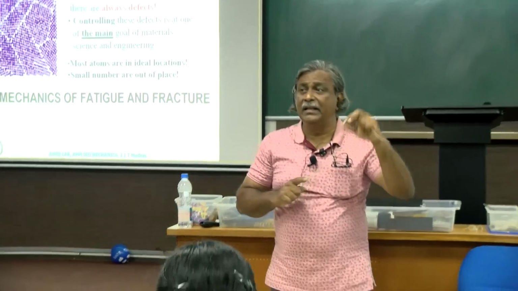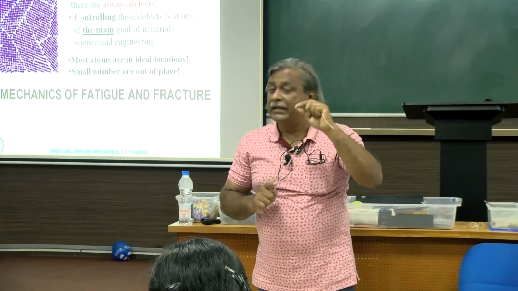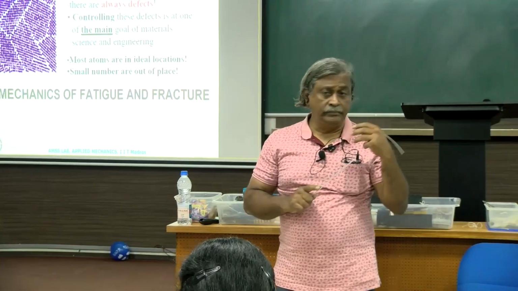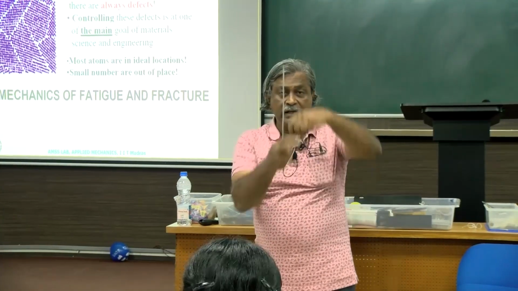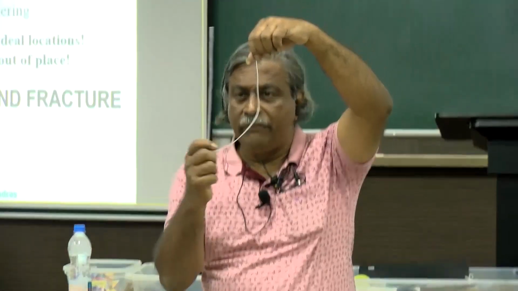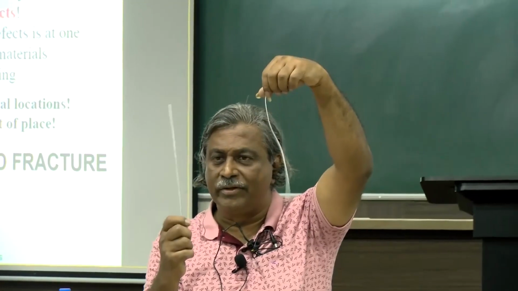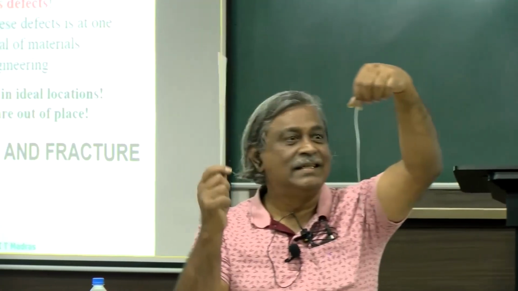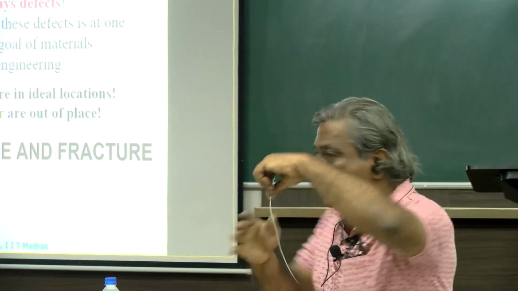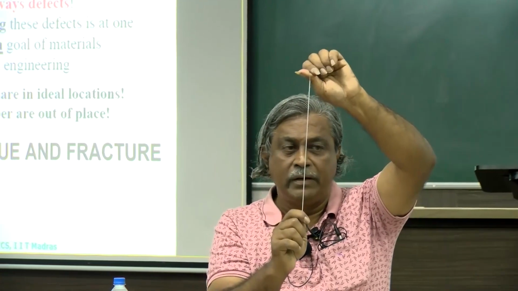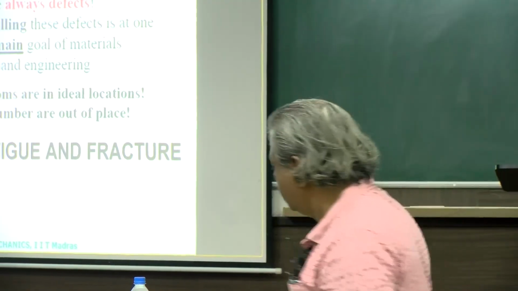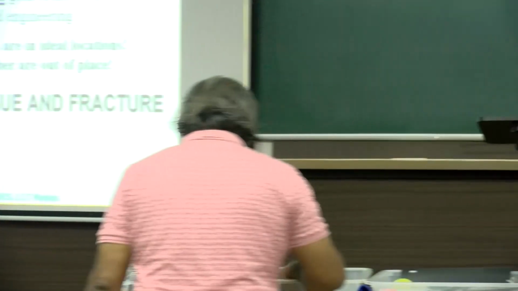But the amount of rebound is so small that we cannot see it, whereas here it's easy for us to see it. So what can we tell about the stiffness of this and this? This is very stiff, this is less stiff, and therefore we are able to see the deformation with our eyes. Alright?